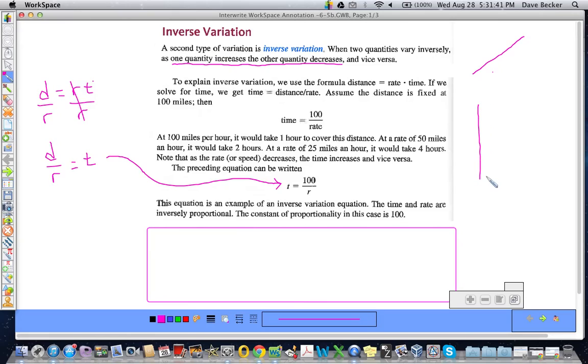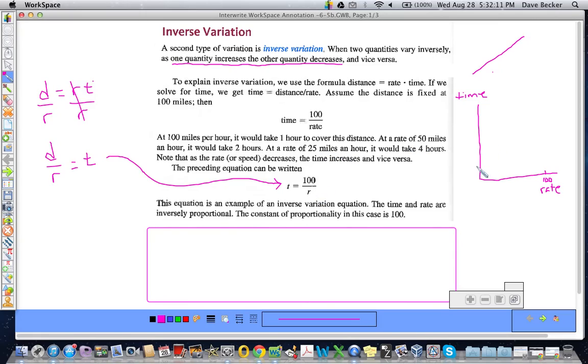So let's see just a quick graph of what that would look like if we had rate here and time here. With 100 over r, if we were going 100 miles per hour, the time would be 1 hour.